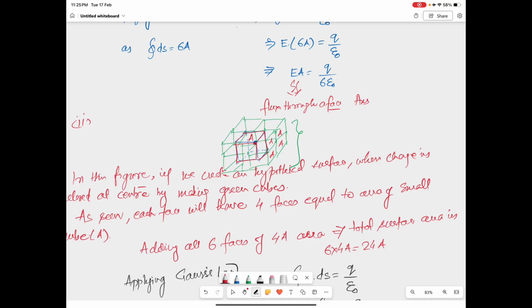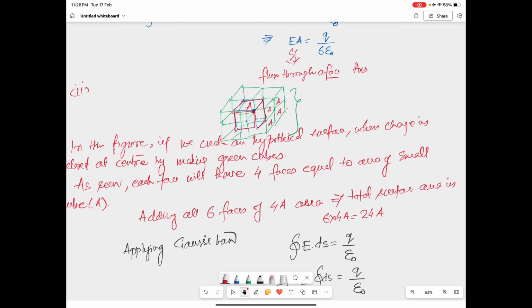I can place the charge at the center and make a bigger cube by adding cubes, like I have added 4 cubes on each face. When I have added this, you can see the charge has come to the center. Each face will have 4 such cubes equal to the area of the original cube, so each face has an area of 4A.